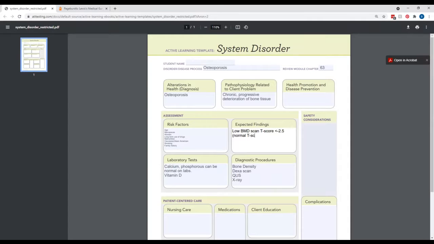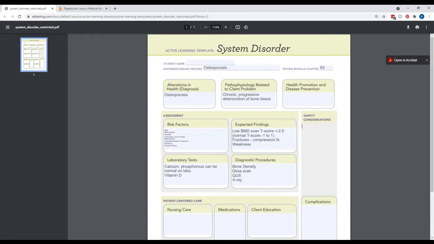A normal T-score is going to be negative 1 to 1. We might also see something like fractures, especially compression fractures in the back, weakness, symptoms like that.